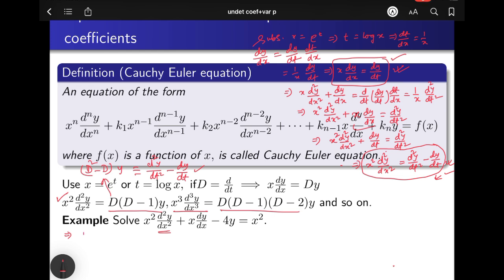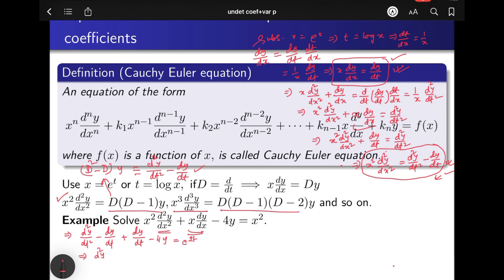Okay, now here you can change this, so d2y dt2 minus dy dt plus, here x dy dx can be changed to dy dt, minus 4y is equal to x. What is x? x means e power t, so e power 2t.